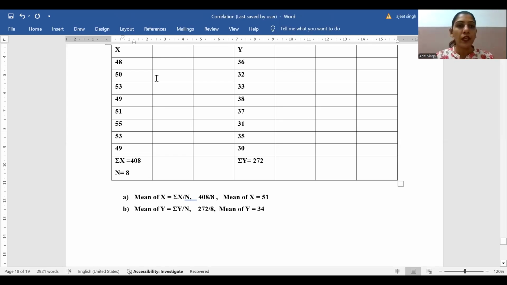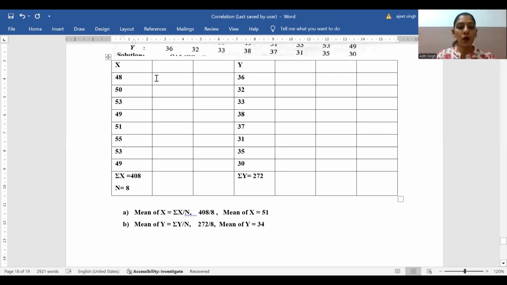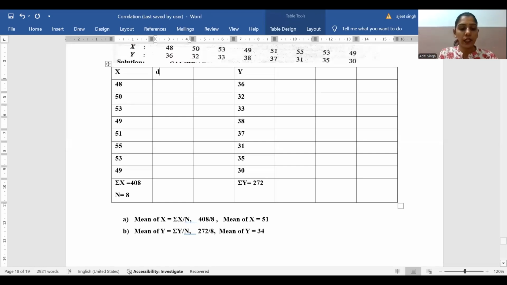So this is how we calculate the mean, as we have already discussed the process of calculating mean. Now with the help of mean, we will calculate dx from 51, which is the value of the mean, and dy from 34.